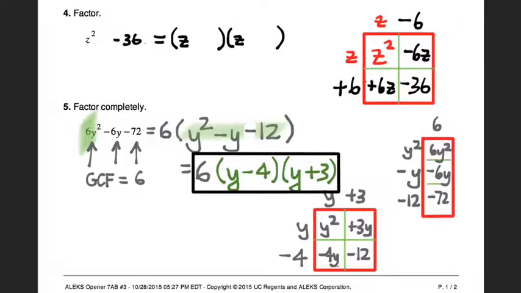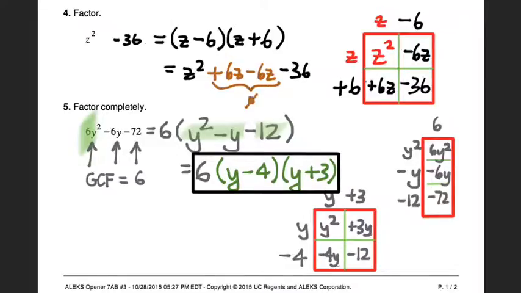And what's going to happen if I multiply this all out? I'm going to get a z squared in the upper left. I'm going to get a minus 36 in the lower right. And then my other terms, what's going to happen to them? They're going to cancel out, exactly, which is what we want, right? Because in the end of the day, we don't want there to be a visible middle term in the middle. So our approach still works.